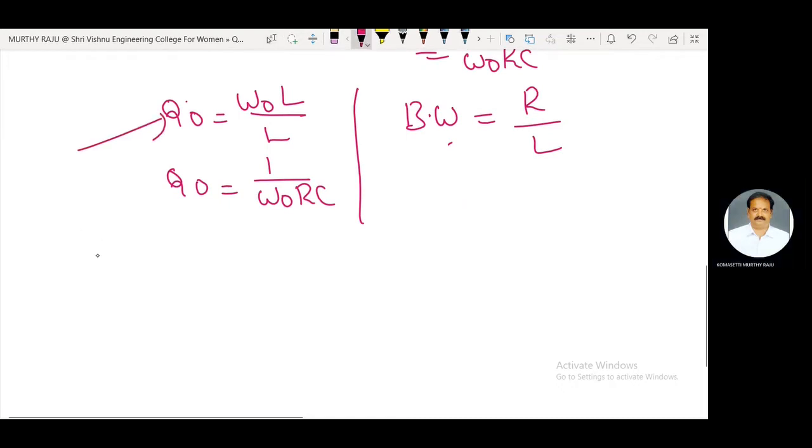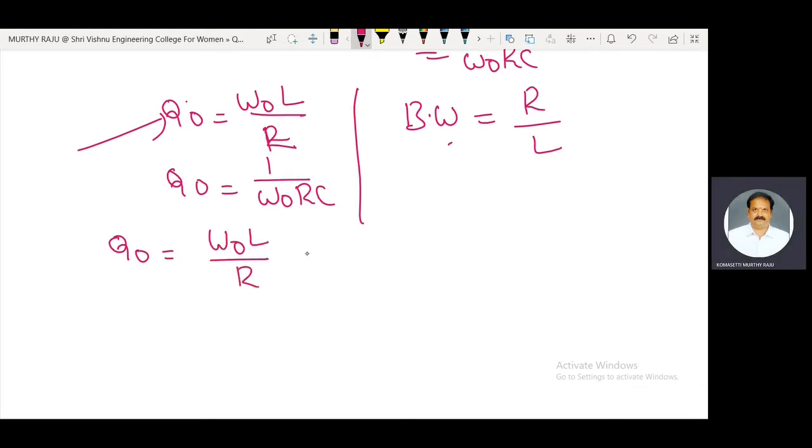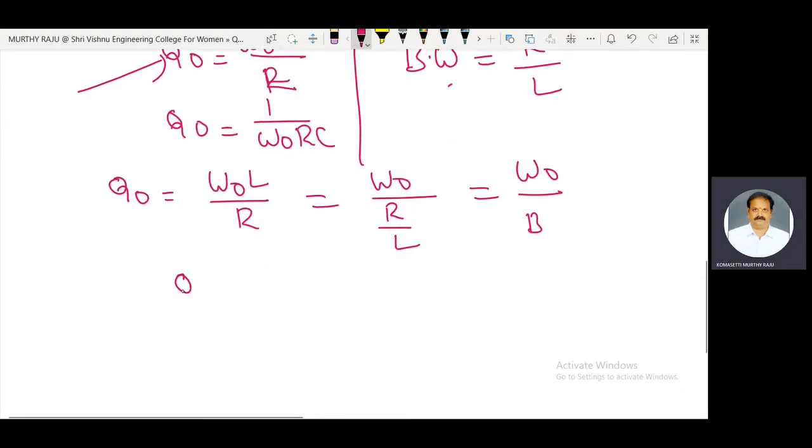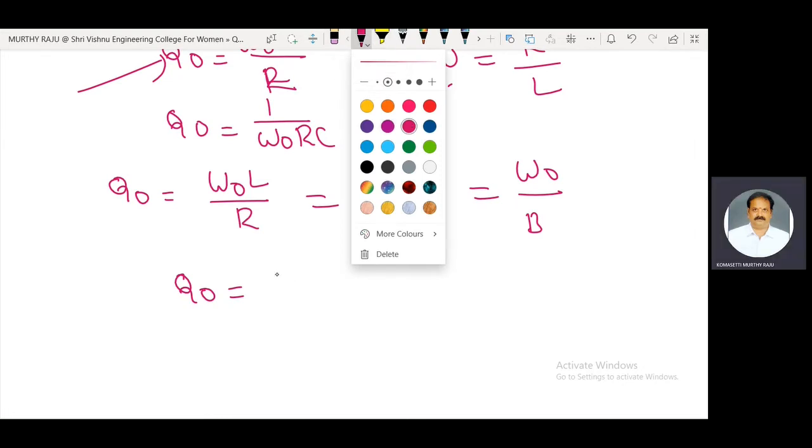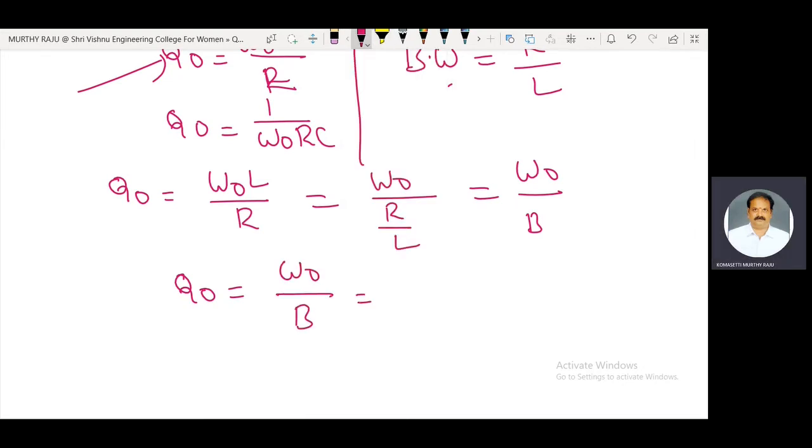From this expression, Q naught is equal to omega naught L by R, which is omega naught divided by R by L, and R by L is the bandwidth, represented by B. Finally, Q naught, the quality factor of that circuit, is equal to omega naught by the bandwidth of the series resonance circuit.